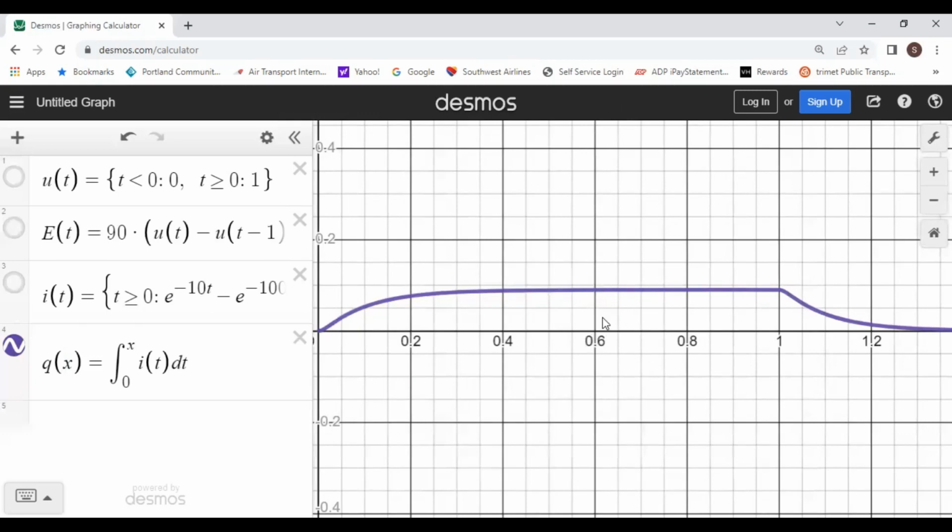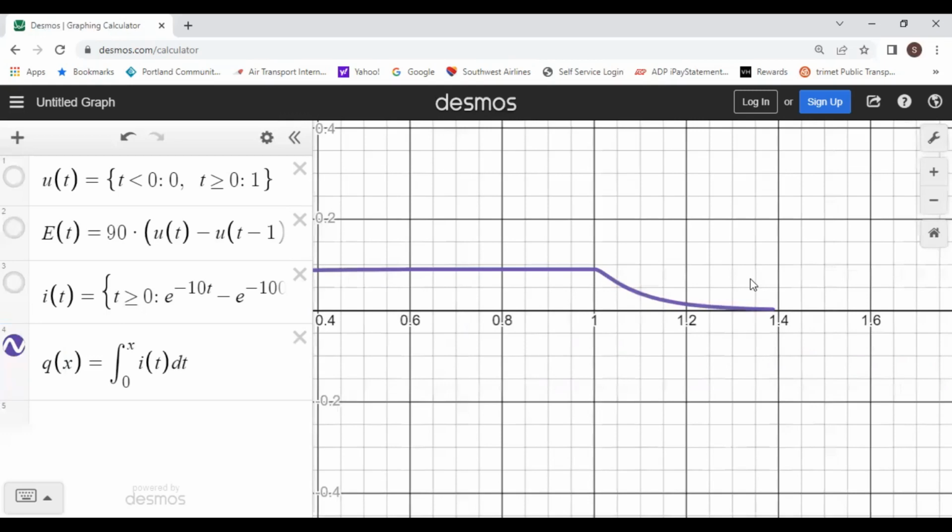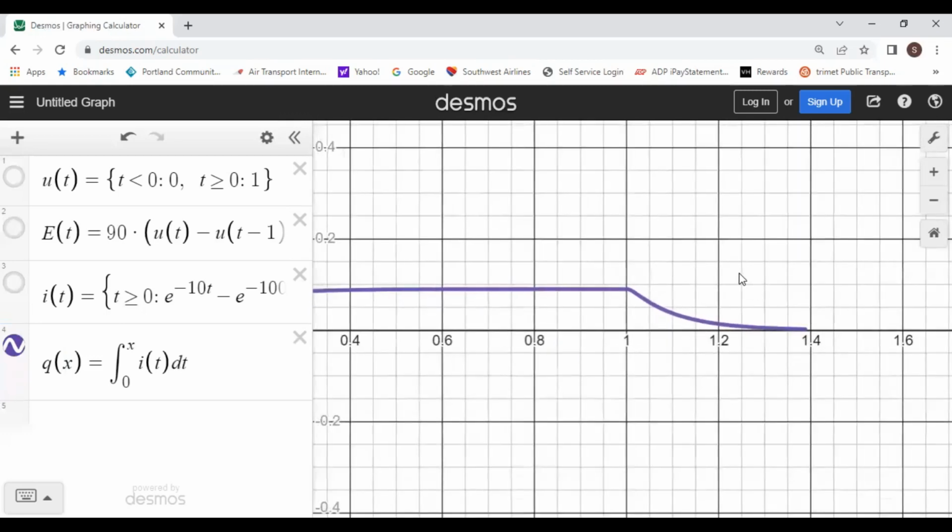So we can think of the charge as being the position of the spring. We're pushing the spring out at a steady rate, and so it stretches out and out, and then reaches basically the maximum that it's going to be distended, and then after 1 second we release it. So we apply a constant pressure to it, and it stretches out, we release it, and it just goes back. It's basically like an elastic deformation.